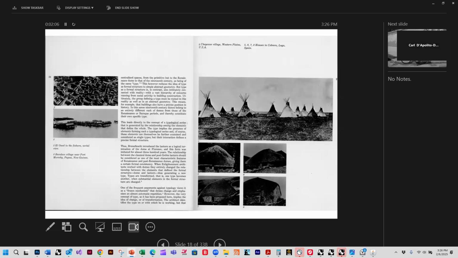It's something that grows up in a specific context, in a specific climate, in a specific set of material systems for a specific set of social customs.